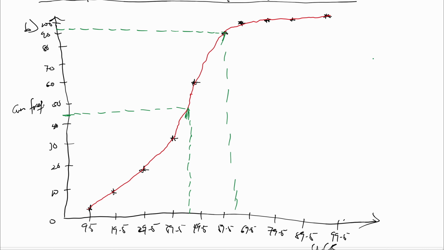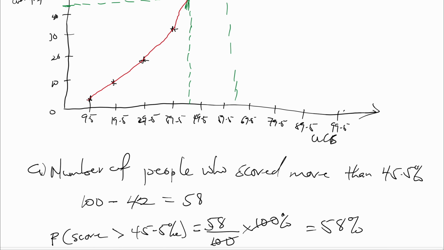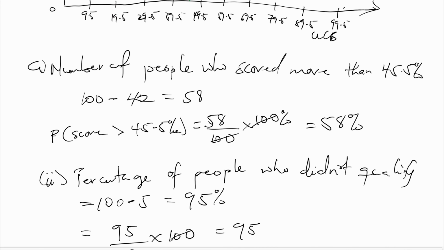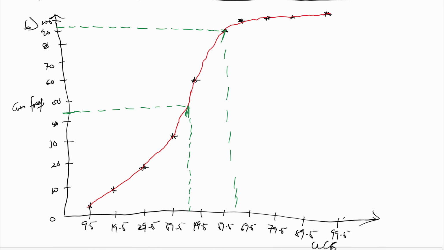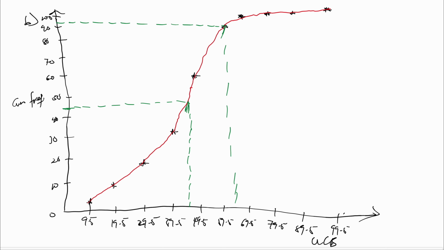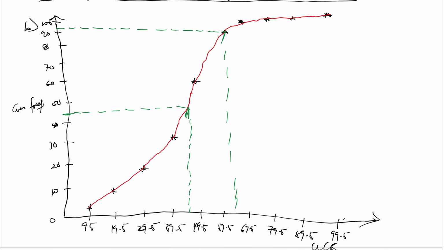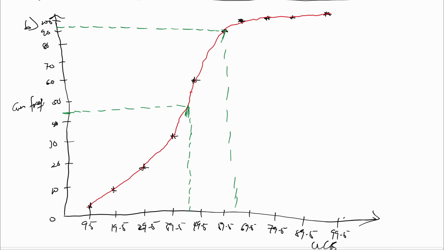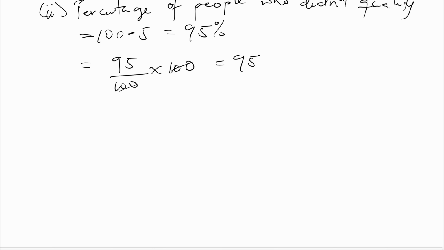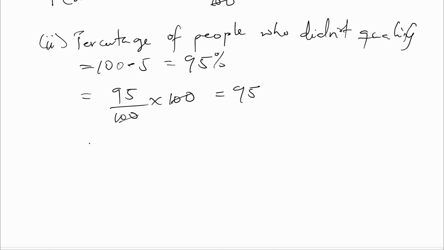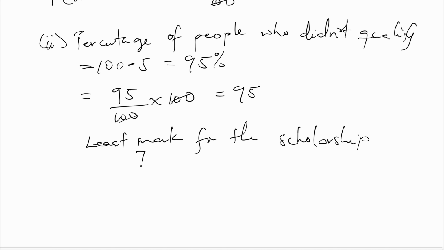Ideally, the least mark should be 79.5. But since I'm not using a graph book, I might not be able to get the exact number. But if you are using a graph book, you should get 79.5. So CII, the least mark for the scholarship, should be 79.5. So this brings us to the end of question 9.